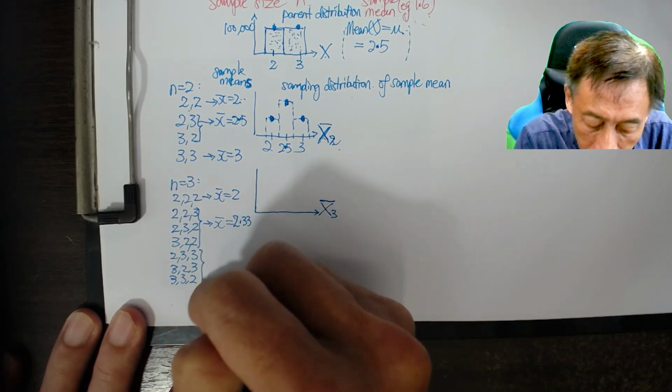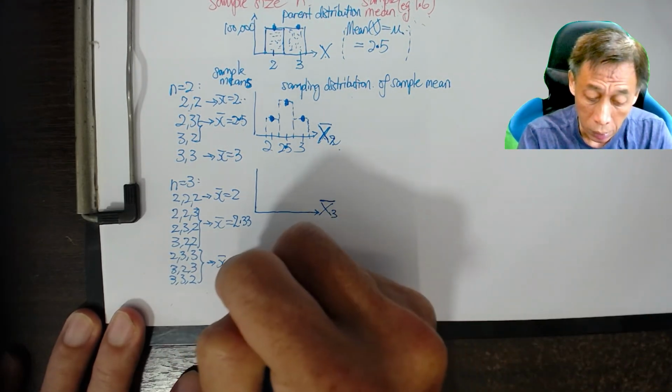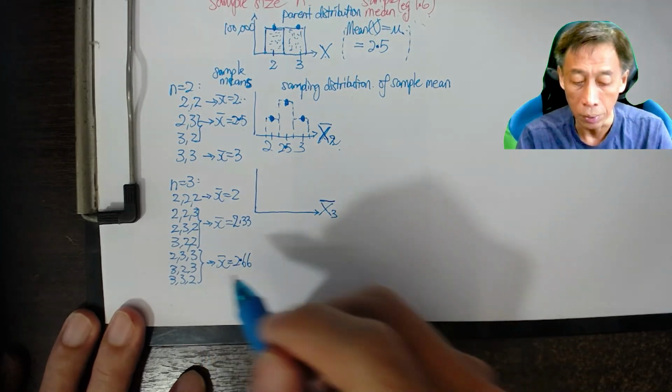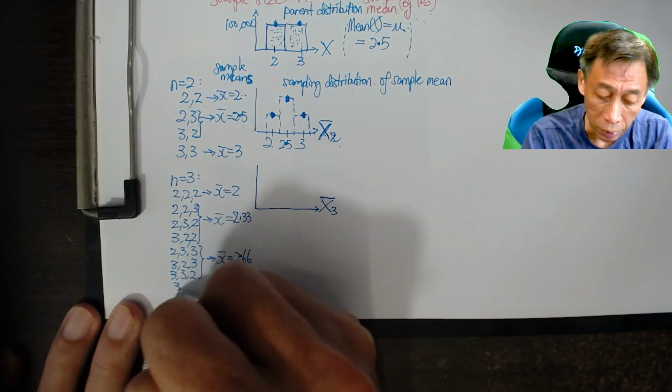You can actually list it all out because all these will give rise to 2.6666667. Right? Okay, and finally, if I get any 3, I will get 3, 3, 3.